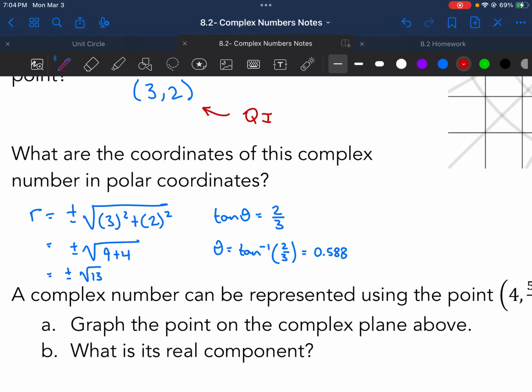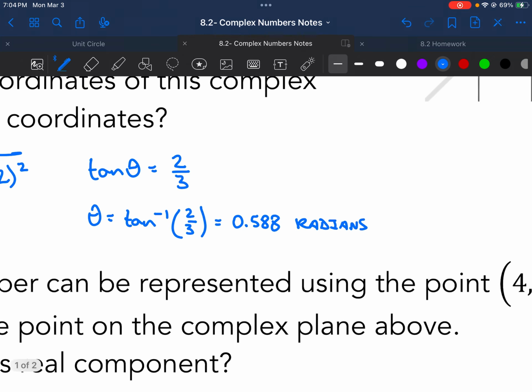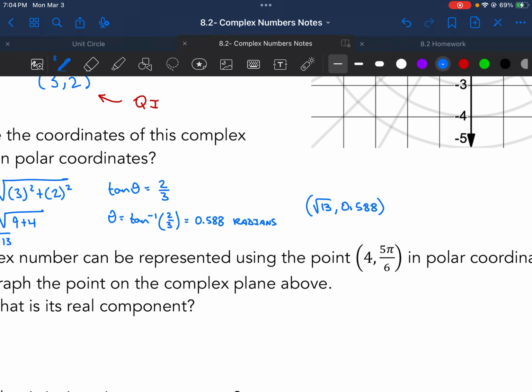So that is going to be our angle, 0.588 radians, which means in polar coordinates, we have root 13, comma 0.588. Okay, following exactly what we did previously with polar and rectangular coordinates.